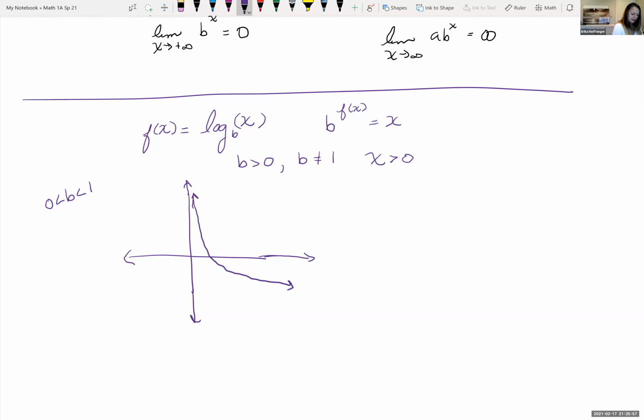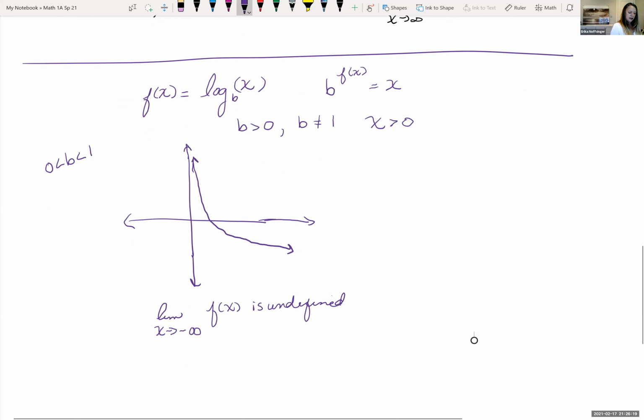If we look at the limit as x goes to negative infinity, this is actually undefined. We can't take a log of a negative number.